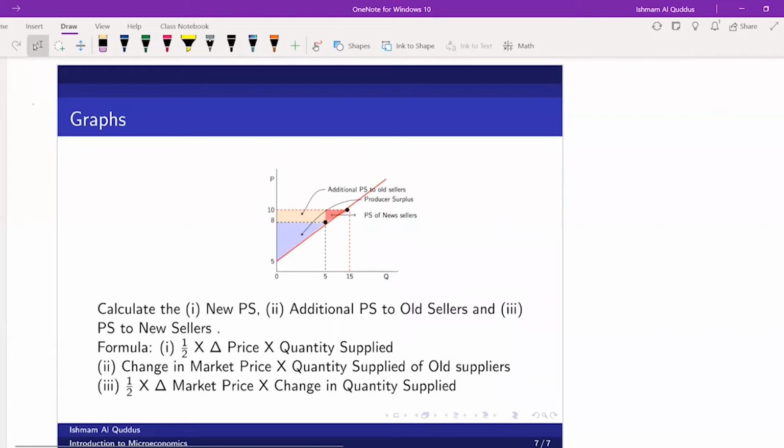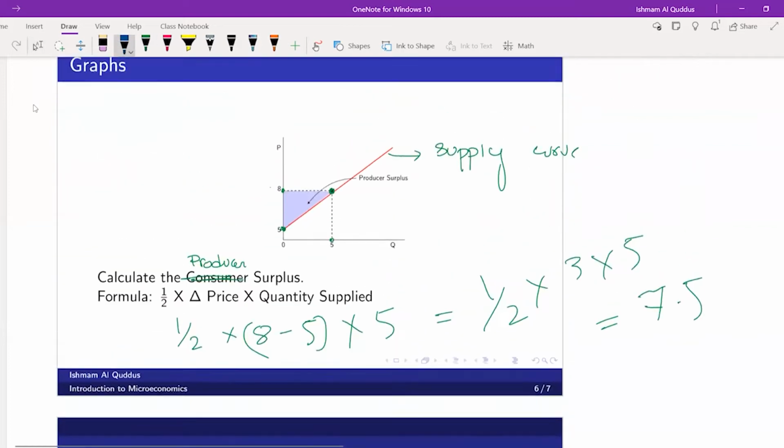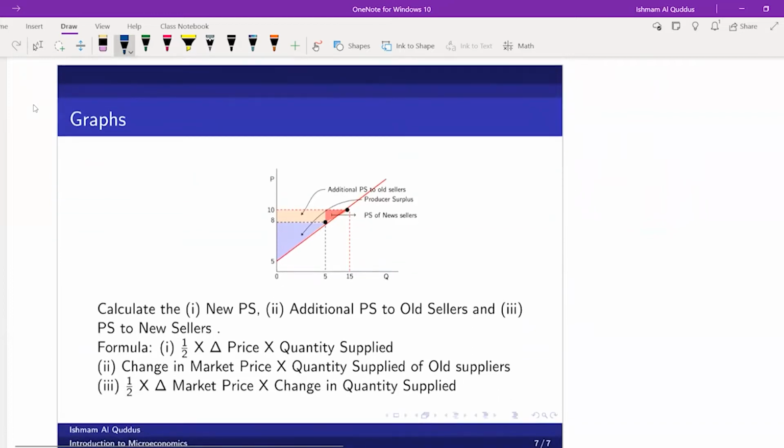Now, suppose the price for some reason increases in the market. Now, remember from the law of supply that if the price increases, there will be a higher quantity supplied, because we have already discussed the positive relationship between the price and the supply.